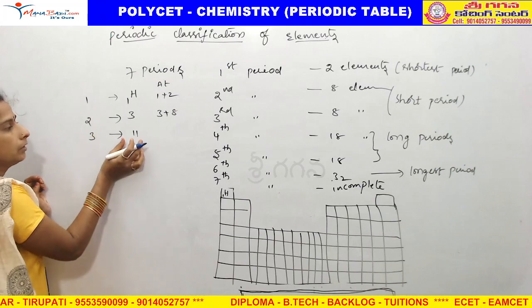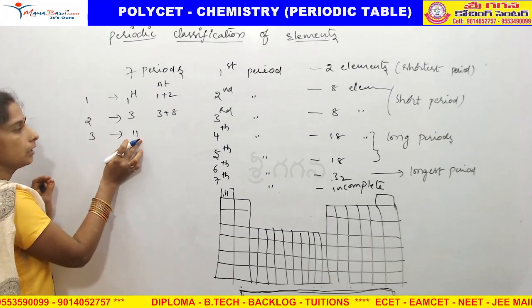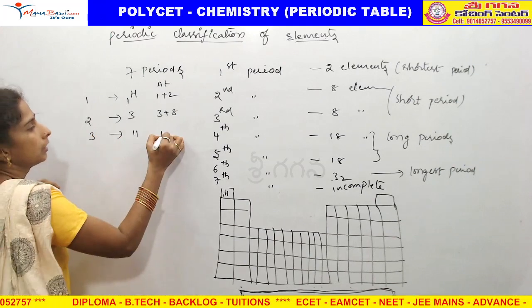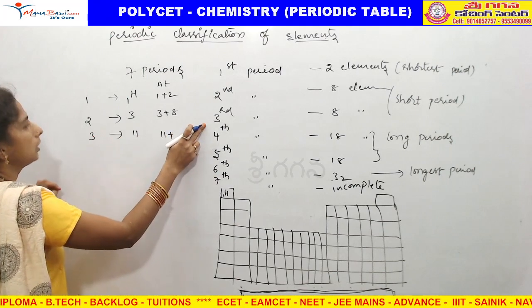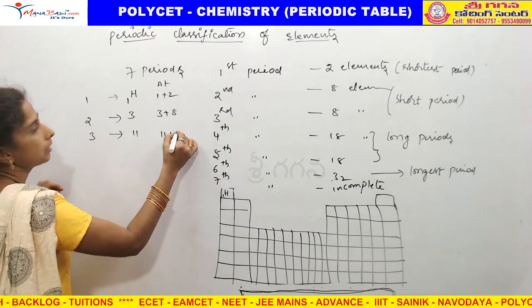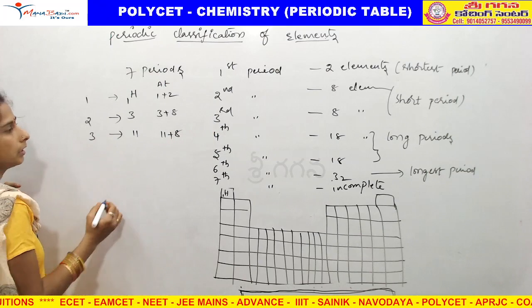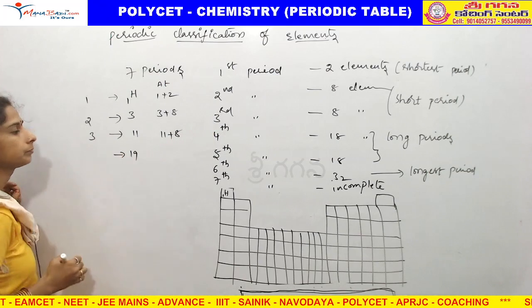In the third period, the 11th element is the first element. Next, how many elements do you need to add? As many elements as are in that period. 8 elements means 19.